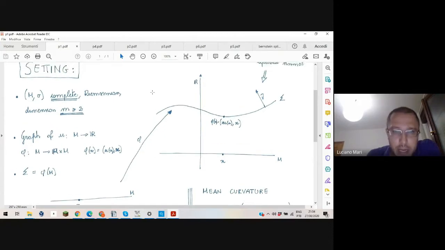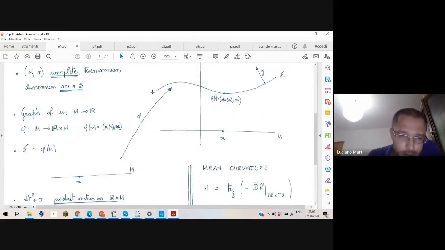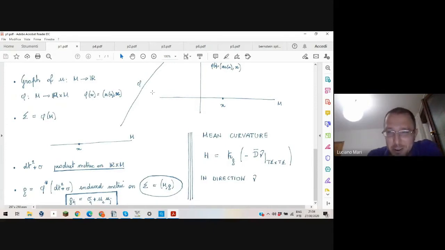This slide should be read at top left, down left, then top right, down right. If we endow the ambient space M bar, which is R cross M, with the product metric, so the R direction is parallel, and Sigma is endowed with the induced metric, which I call G, which is the pullback of the metric via the graph map.